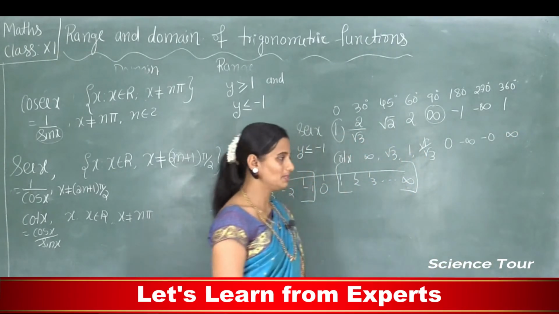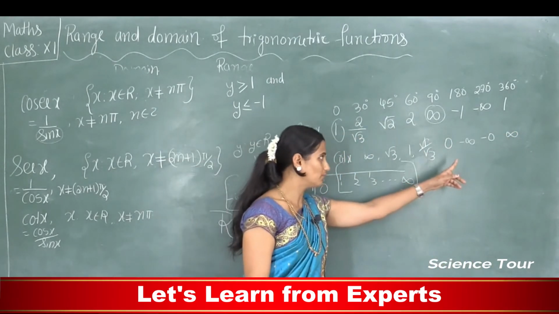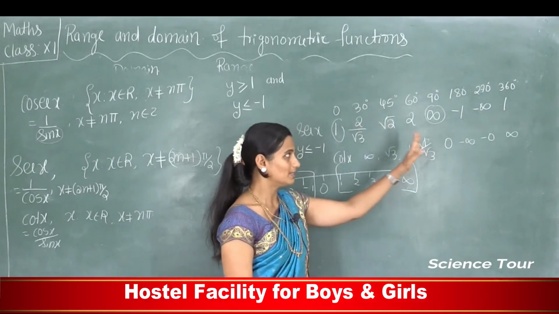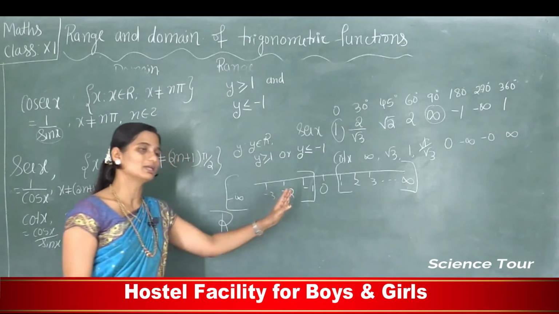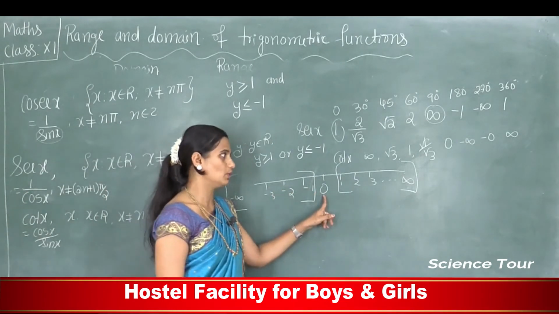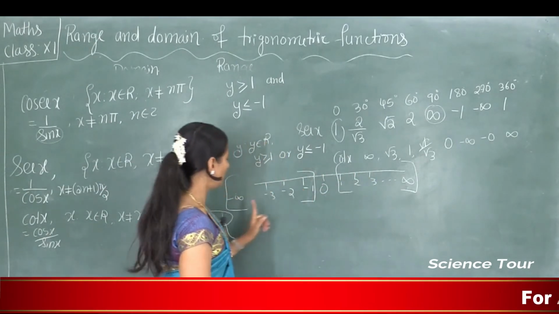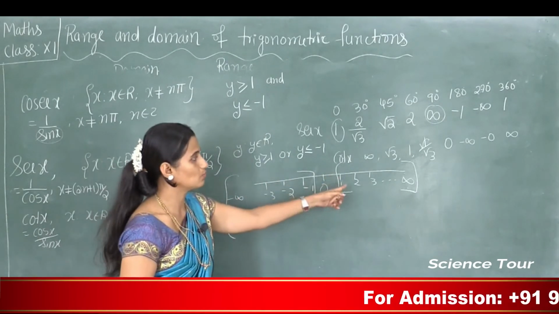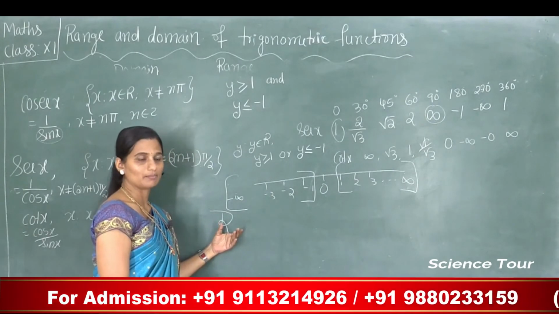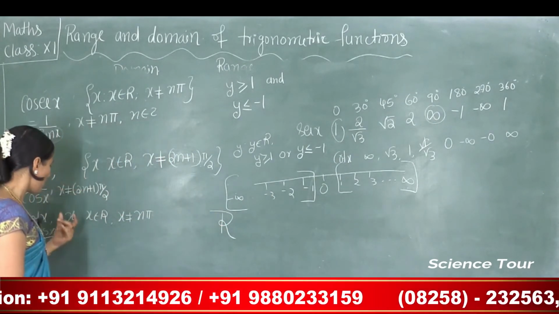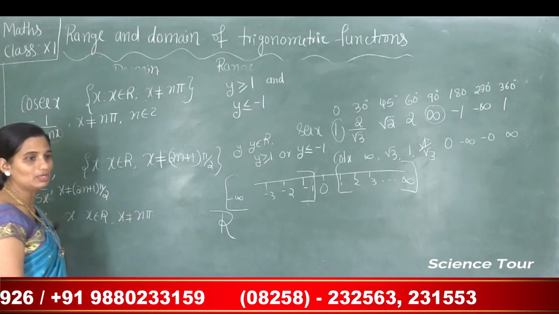These are the values. It includes infinity, 1, 0 and minus infinity, so it includes all real numbers. So these are called the set of all real numbers. So what is the range of cot x? Cot x range is the set of all real numbers.